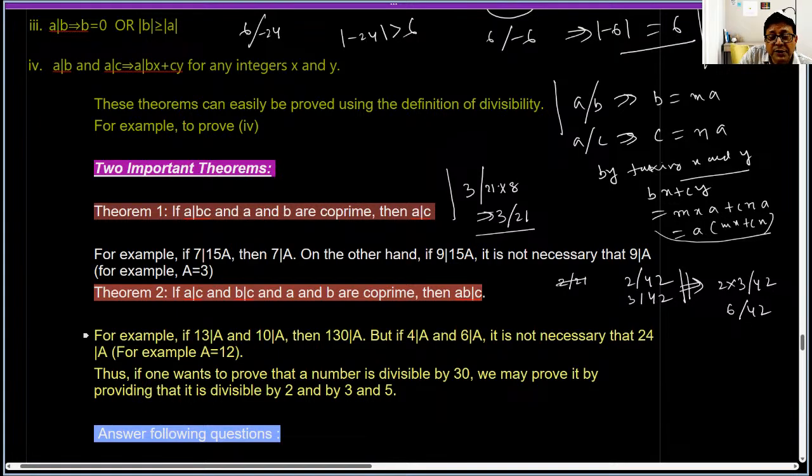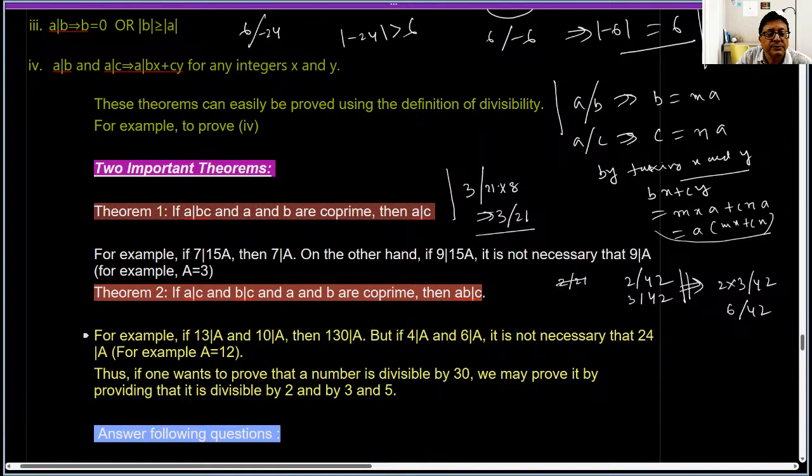So when a problem arises to check whether a number is divisible by a composite number or not, you first express the divisor in terms of prime factors.